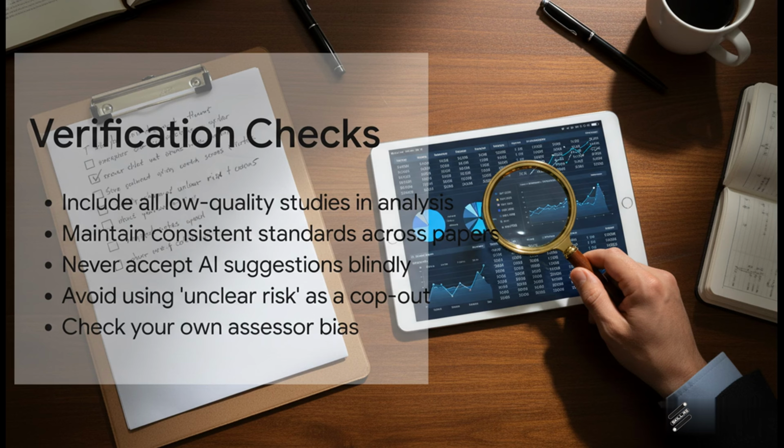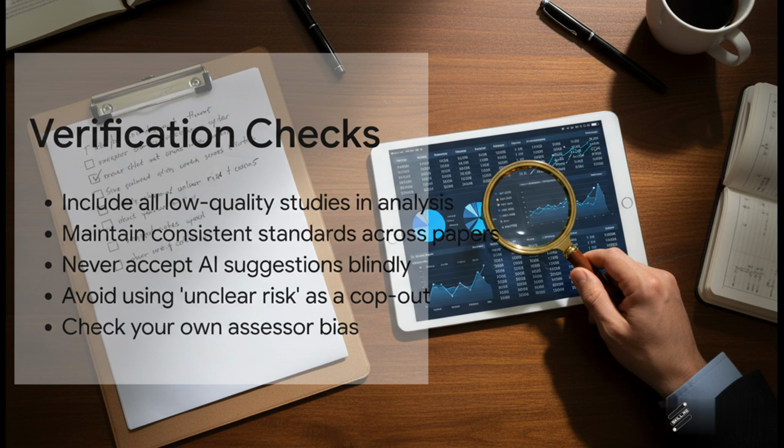Fourth, avoid using unclear risk as a lazy cop-out just because a standard method wasn't described in agonizing detail. Reserve unclear for genuinely ambiguous situations. And finally, check your own bias. Honestly, this is the ultimate human vulnerability. Ask yourself, are you rating a paper favorably just because its findings align with your expectations?